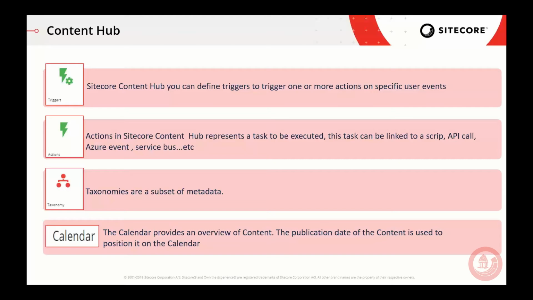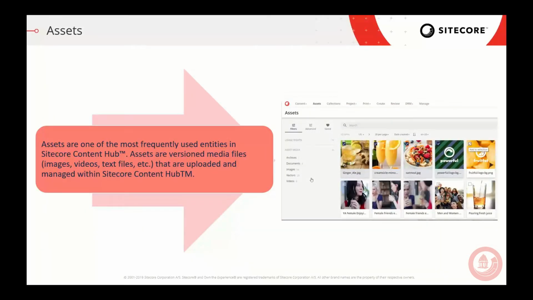And of course, they are searchable, and they are separately paged on Content Hub. Lastly, I would like to talk about calendars, because we are defining a campaign here for Delicious. The calendar provides an overview of the content and the publication date of the content, when it will be available. So by using the calendar, a content modeler can see what content will be available and on what dates. So that's very useful for content strategists to access.